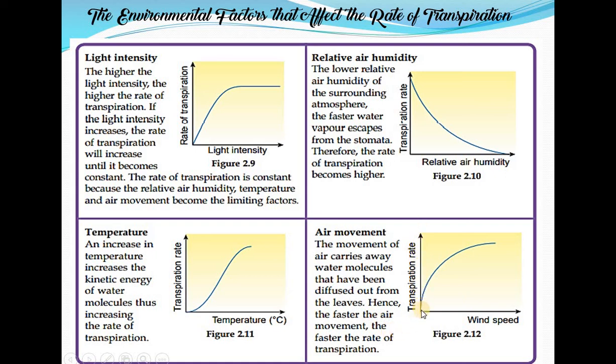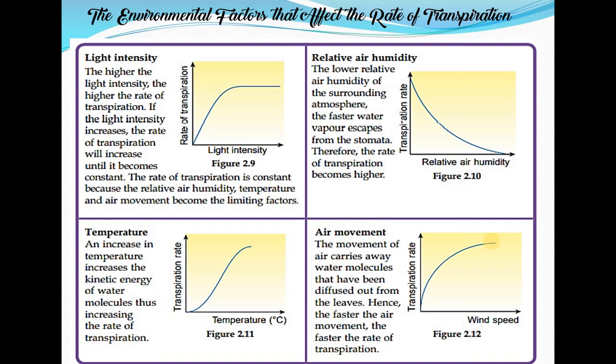Look at this graph. This refers to the air movement or wind speed and the rate of transpiration. What is the relation here? The higher the air movement, the higher the rate of transpiration. Why? Because the water vapor escapes easily when the wind speed is higher.